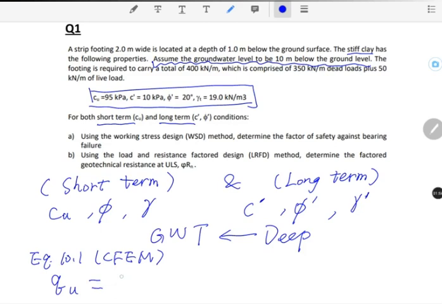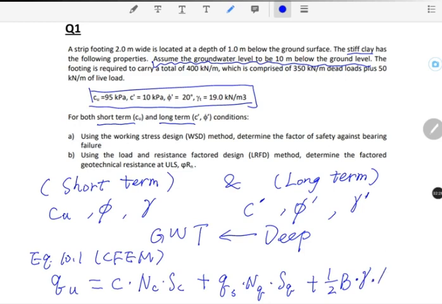This equation says that QU is equal to a cohesion term C times NC times SC, plus the QS term times NQ times SQ, and plus the unit weight term 1/2 times B, which is the width of the strip footing, times gamma, the unit weight, and N gamma times S gamma.